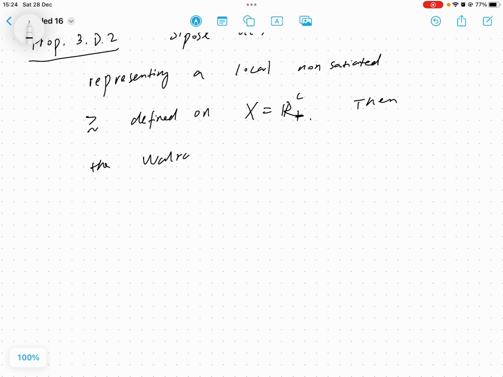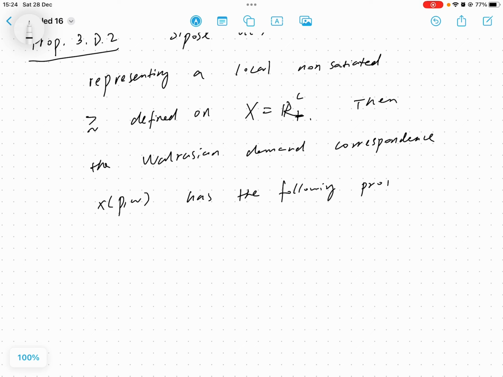Then the Walrasian demand correspondence x(p,w) has the following properties. We're going to introduce 3 properties.